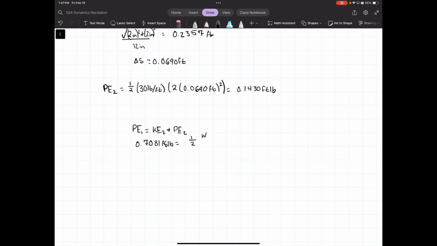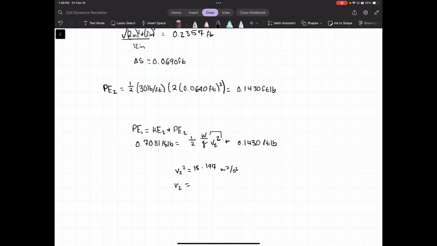So I'm going to write this as weight divided by gravity, just so we remember, times the velocity at point 2 squared, plus 0.1430 foot-pounds. So then we can solve for v2 squared, and we get v2 squared is equal to 18.197 feet squared per second squared.